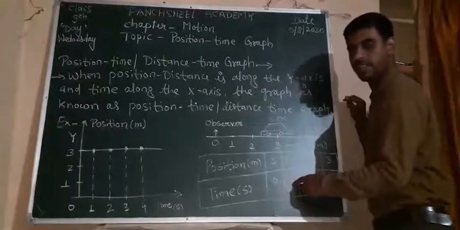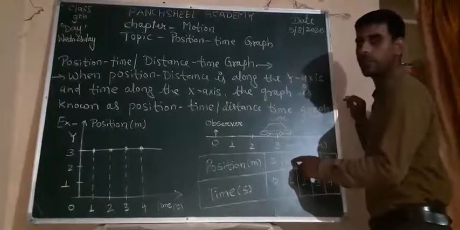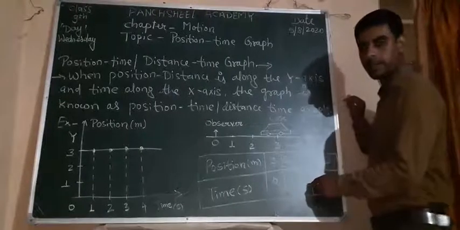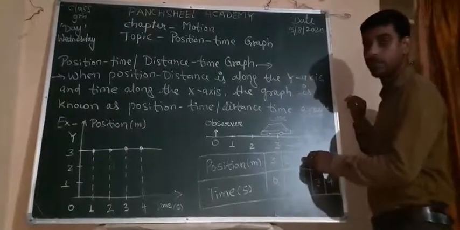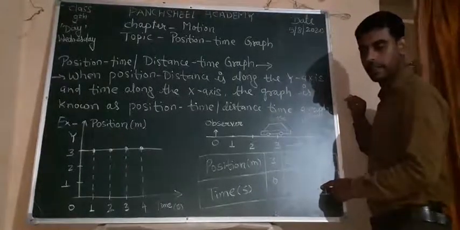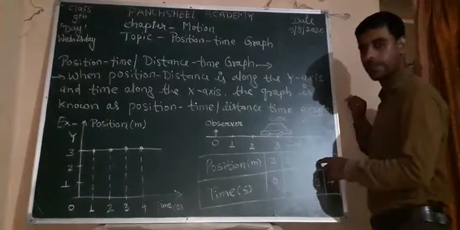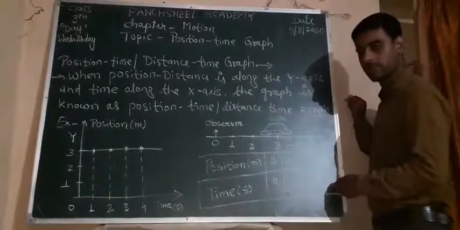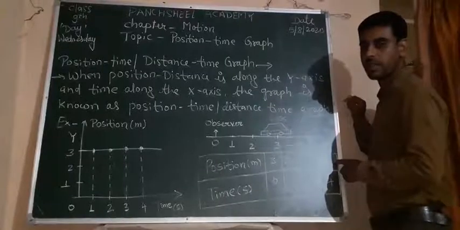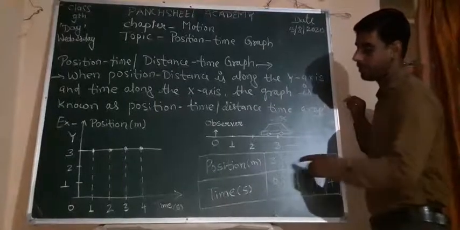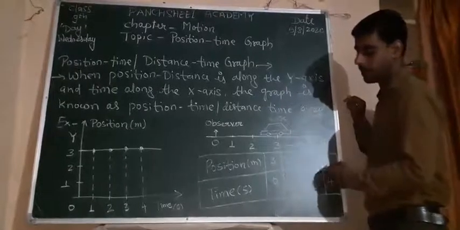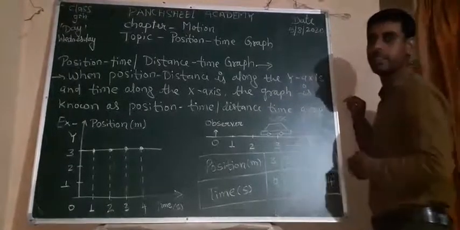If time is increased, the position of the car is also 3 meter. Time is further increased but position of the car is same. Time is changed again but the position of the car is same. It means the distance is same but time is increased.